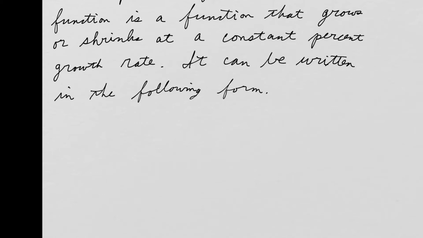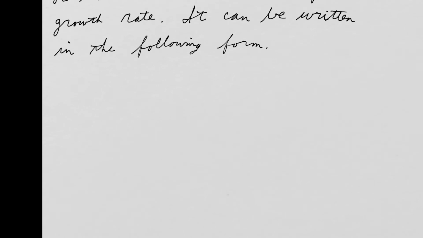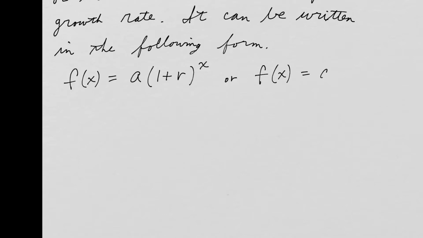There's actually a couple of different ways you could write it. You could write it as f of x, so I'm using x now as my independent variable, is equal to a times 1 plus r to the x. Or you could also write it this way, as f of x is equal to a times b to the x.